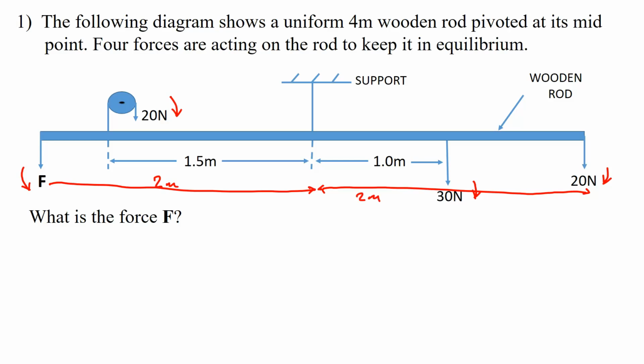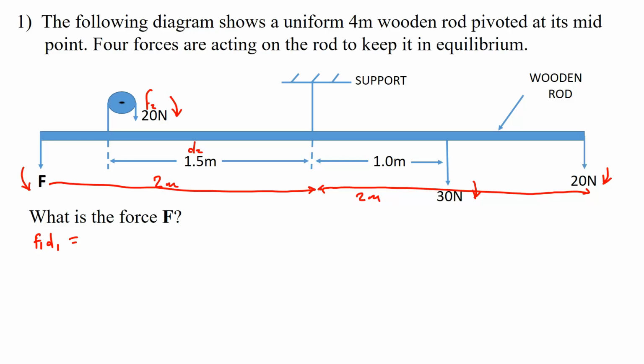And now let's apply the principle of moment to solve the value for F. So we have F1 D1 equal to, so F1 will be the force F, and then the distance 1 will be the distance from the pivot to where we have the force F, and then F2 will be the 20 newtons force, and then 1.5 meters will be the distance 2.